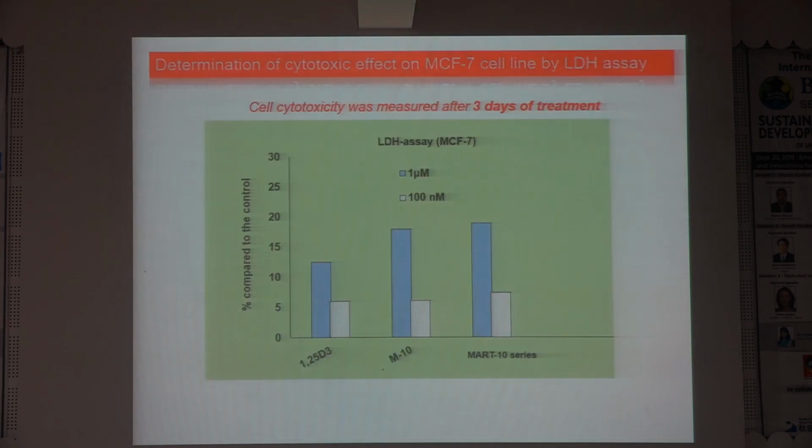We further investigated the cytotoxic effect of the MART10 series, and we found that MART10 series have cytotoxic effects on the breast cancer cell line. Here you can see the cytotoxic level increase in the MART10 series around the concentration of 1 micromolar and 100 nanomolar.